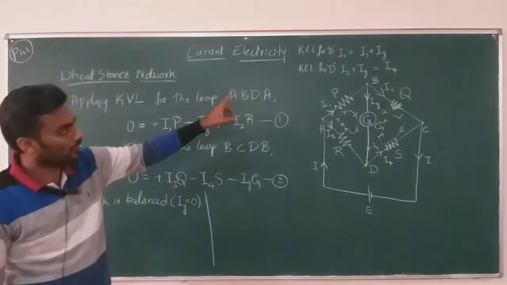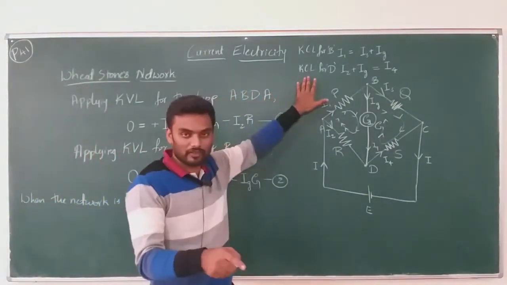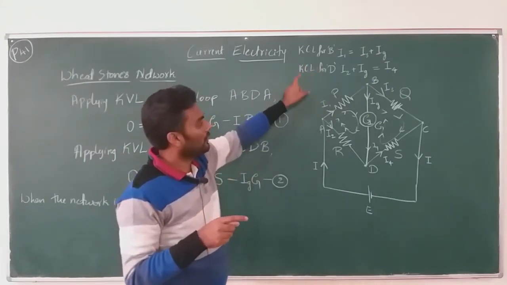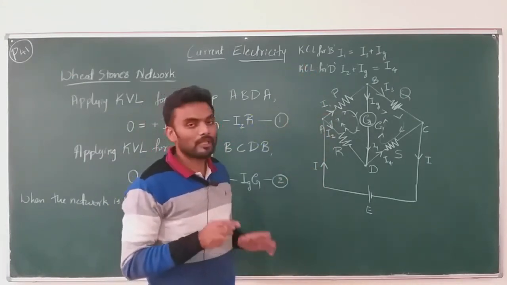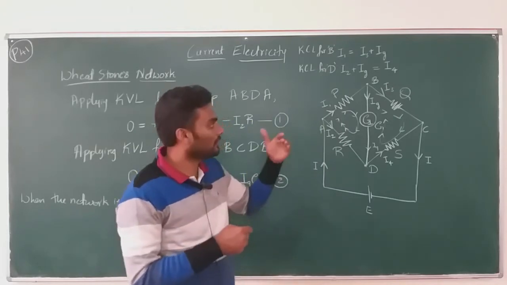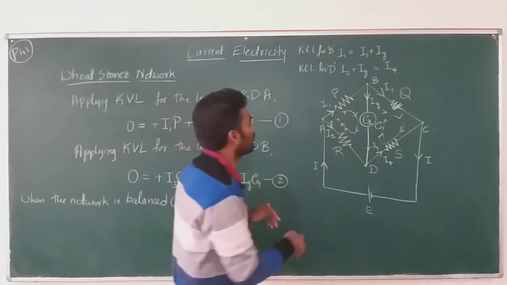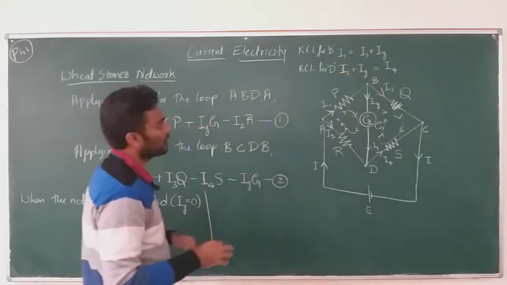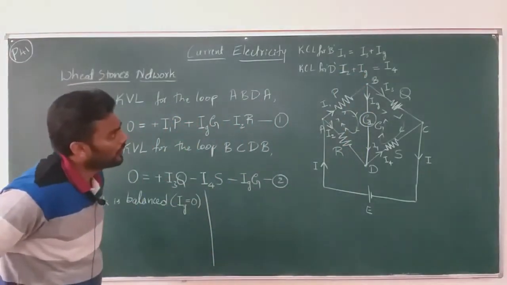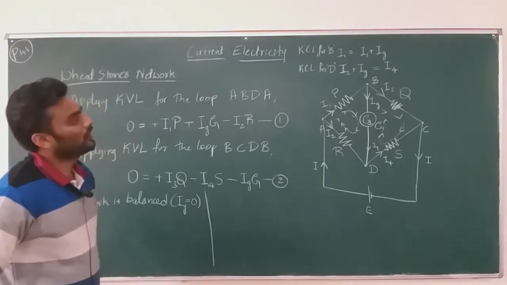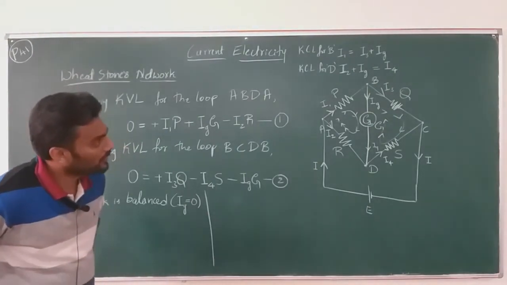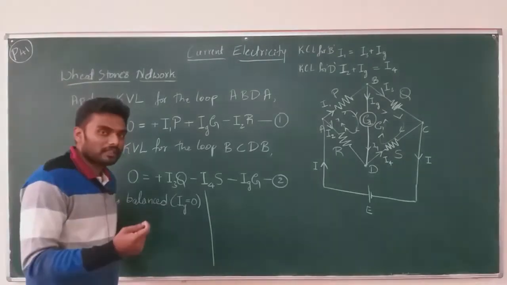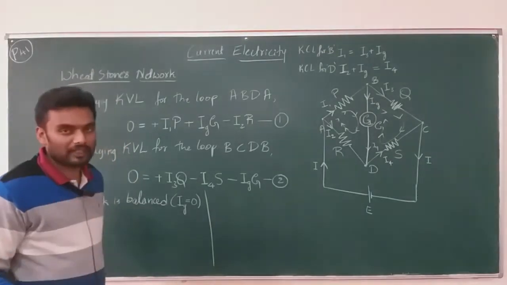So these two are not given in the reference, but you need to mention this, okay? If you mention this, then the derivation will be complete. I mean, it's not like there won't be anything left in the derivation, it is going to be complete. So KCL for point B will give you the equation I1 is equal to I3 plus Ig. It's very simple. Total current entering the node is equal to total current leaving the node.